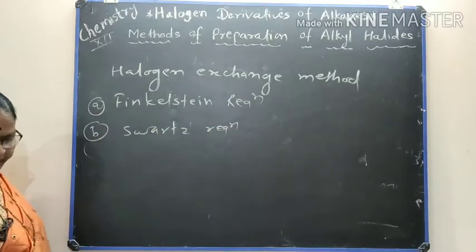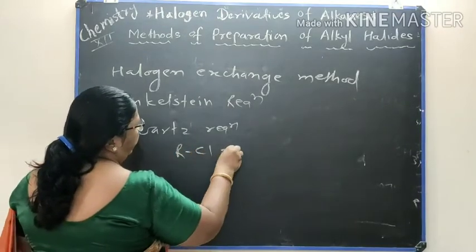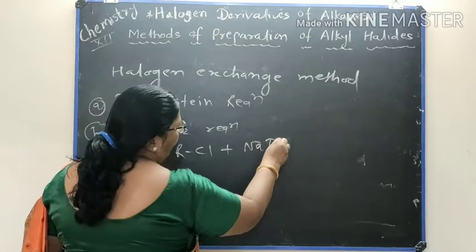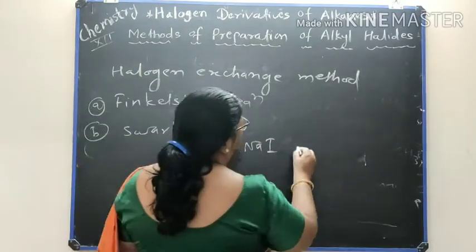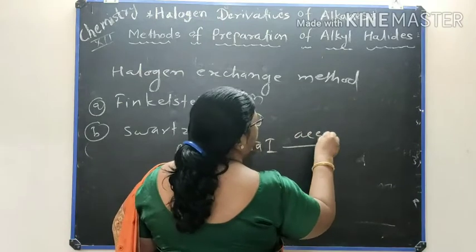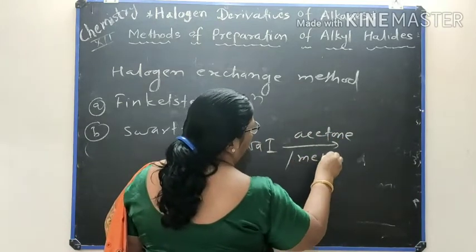In the Finkelstein reaction, alkyl chloride reacts with sodium iodide in the presence of acetone or methanol.